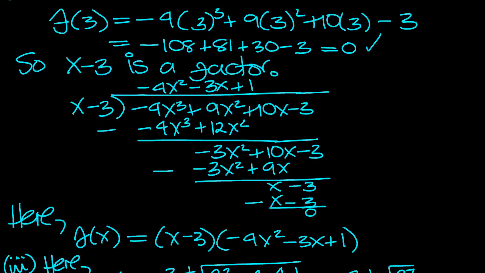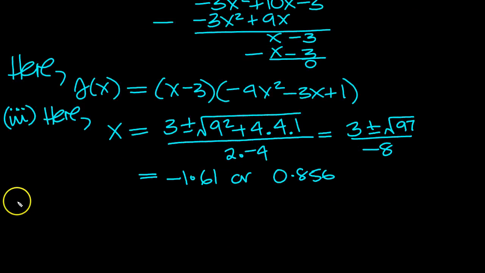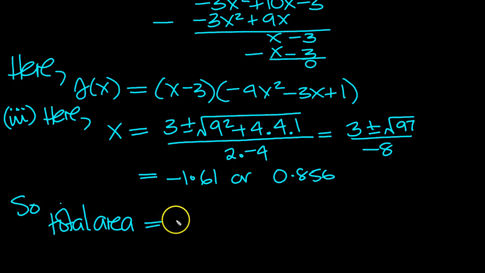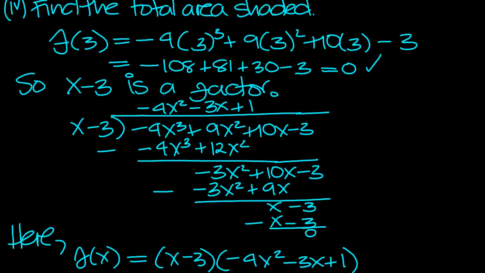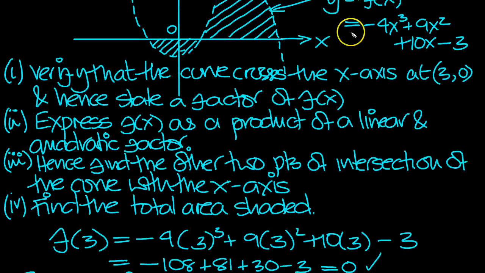Find the total of area shaded. So the area then, total area is equal to, well, it will be the area underneath the curve between the first 2 roots. Here, I'll call this x1, x2 and x3, the 3 roots from the smallest through to the largest.